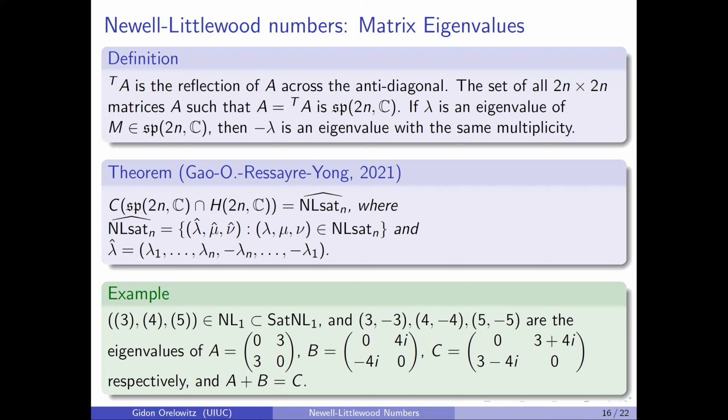And because all of the elements that are not on the antidiagonal are 0, they're all in our version of SP2N. And A plus B is indeed equal to C. And the eigenvalues line up. So these also solve a matrix eigenvalue problem, which is also pretty nifty.